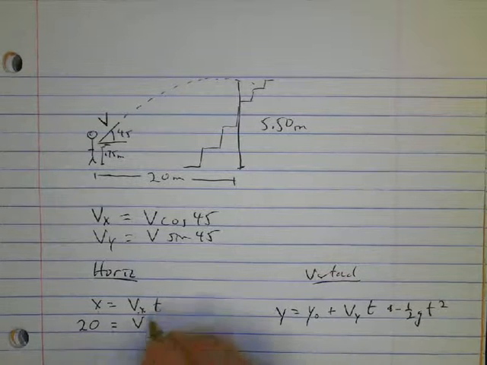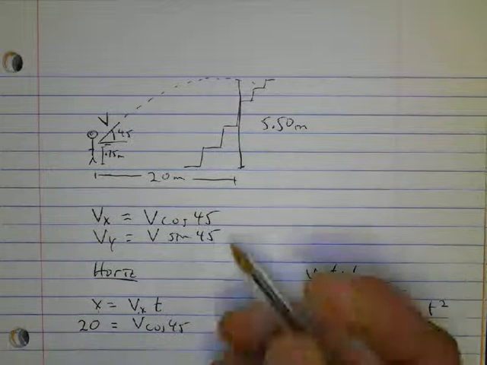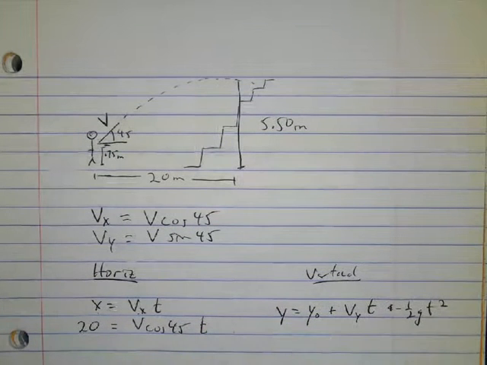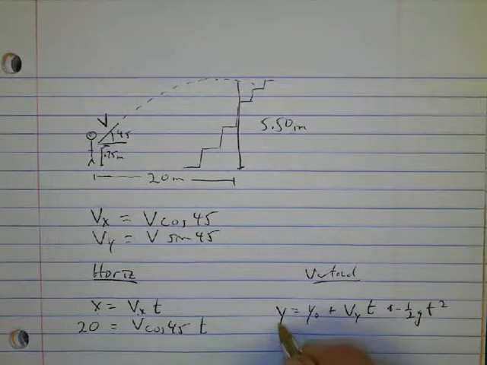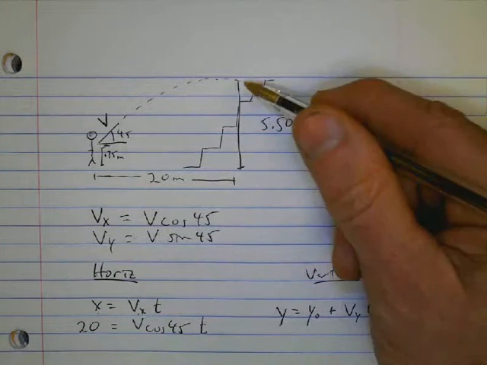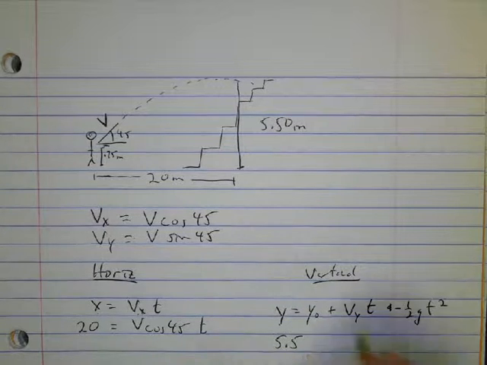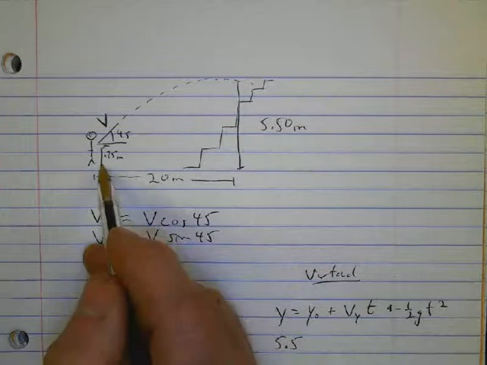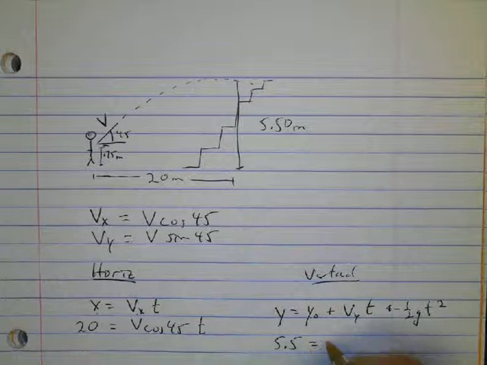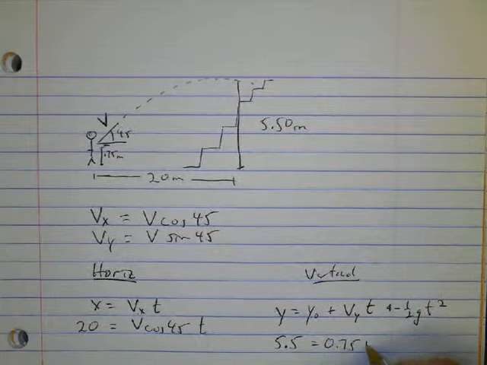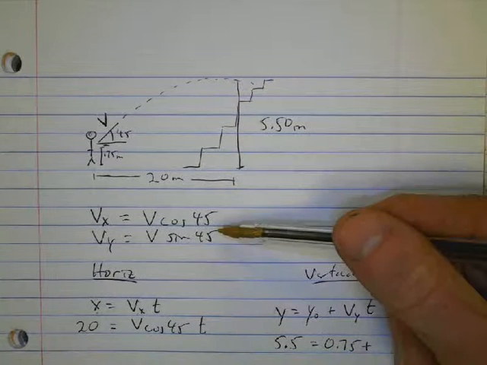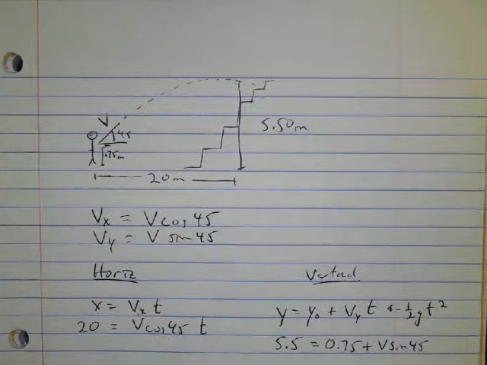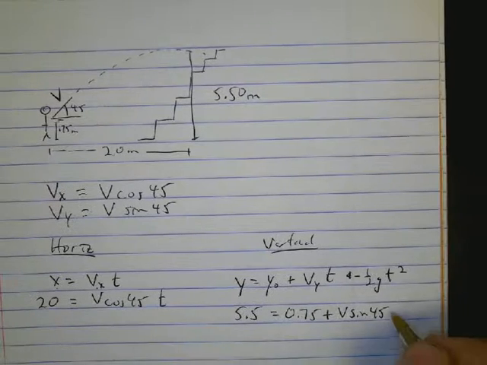Y sub naught is the initial height of the ball, which is 0.75 meters, plus, here I make this substitution, v sub y is v sine 45, times t. Minus, I'm going to make a real quick substitution. We all know that 1/2 g is 4.9, so I'm going to call that minus 4.9 t squared. I forgot t.